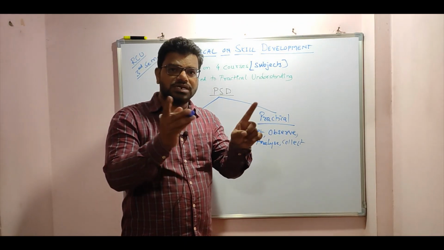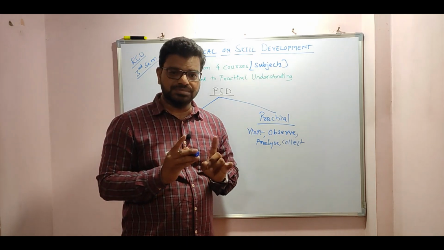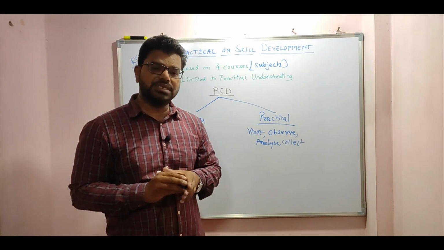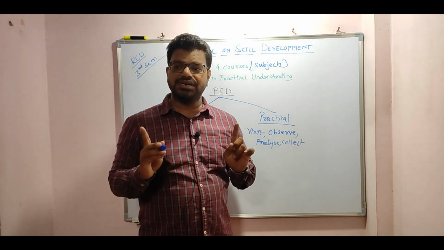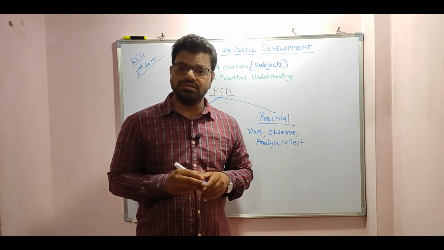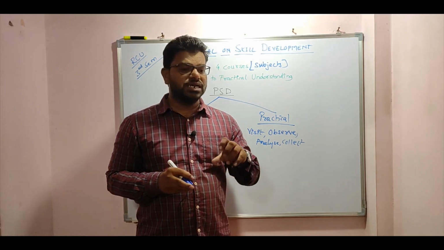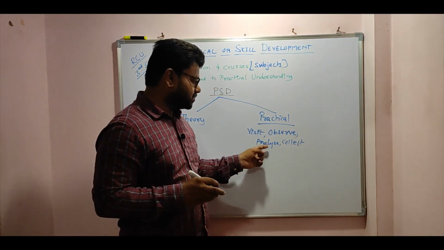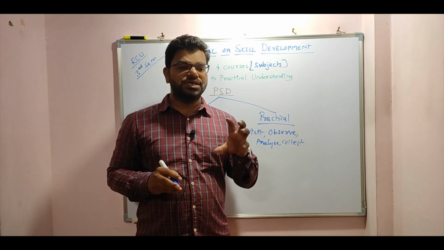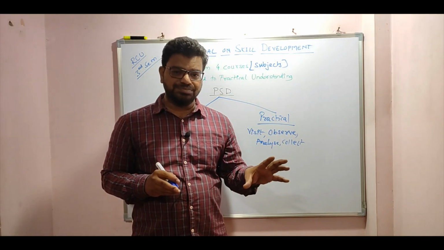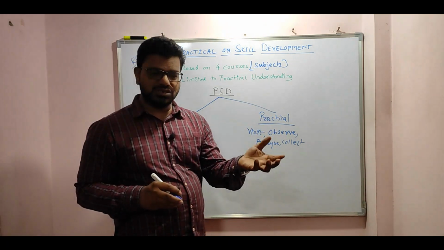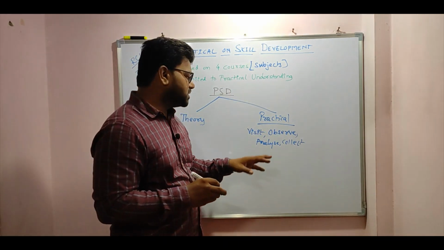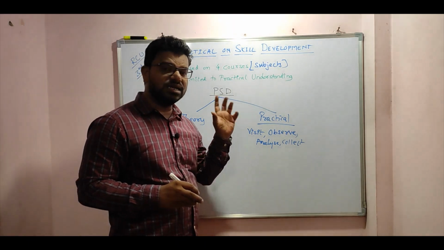What is that thing that you are observing? Like for example, in the syllabus they have given like you have to go to some hotel and observe the cleanliness maintained over there, hygiene part maintained over there, and also observe and analyze what is the safety precautions taken over there. Right? Such kind of things. And again, visit, you have to visit some industries, you have to visit some entrepreneurs. Such kind of things have been given in the practical part.